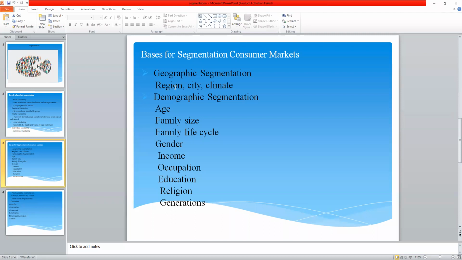So based upon these climatic needs, the company can think of having innovative offerings also. That's why we see that wherever there is snowfall or very cold climatic conditions, heaters are more in demand. Wherever there is heavy rainfall, raincoats or umbrellas are in more demand as people want to protect themselves. So based upon this, the company needs to think of having strategies.